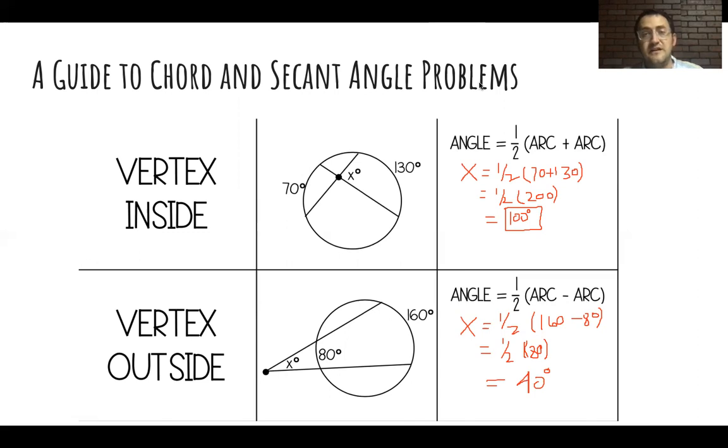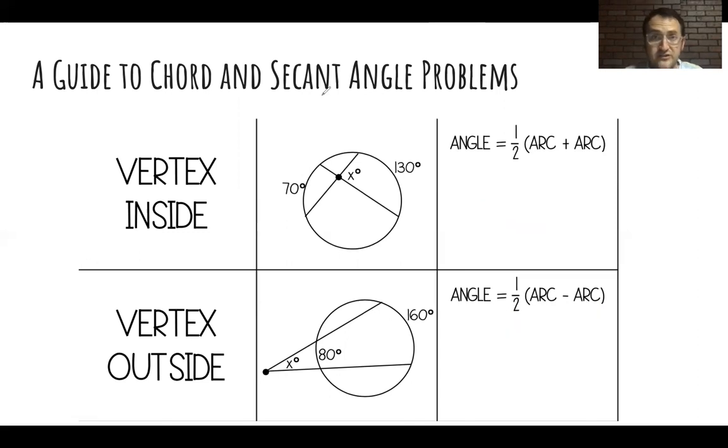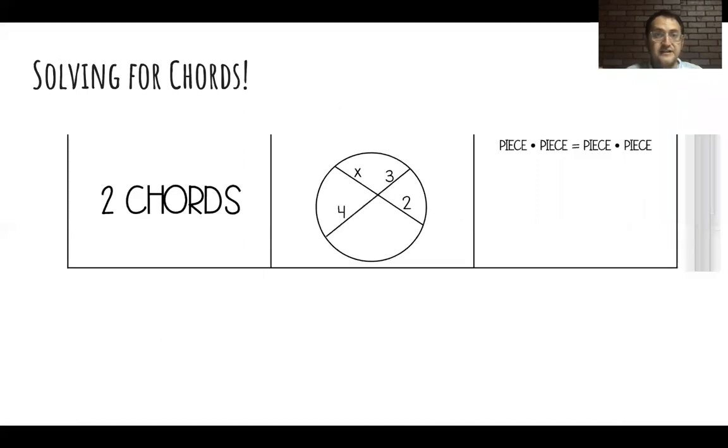All right, next we're going to look at solving for chords. And what these basically do is you're just going to be multiplying the pieces together. So in order to do that, I'm just going to do the X times 2 equals the 3 times 4.